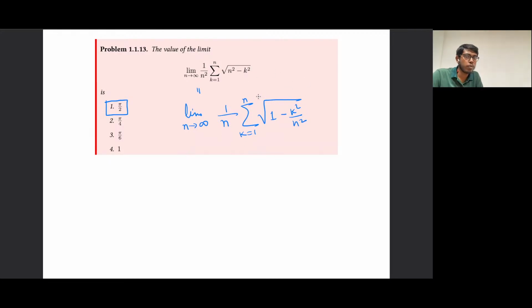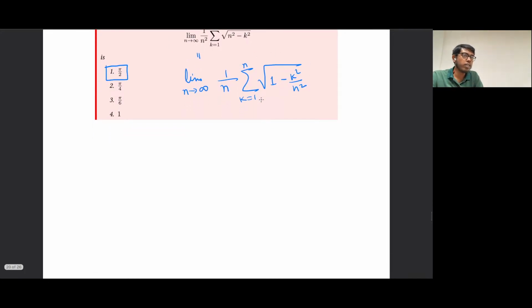This is the same as what we do when we write a definite integral as a limit of a sum of series, or sum of sequences.